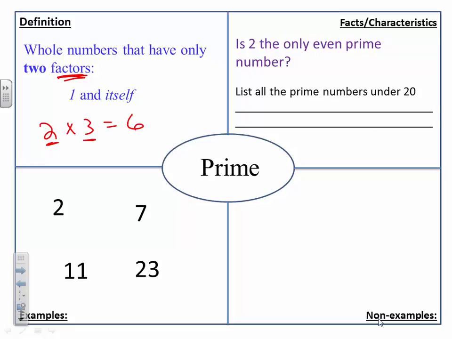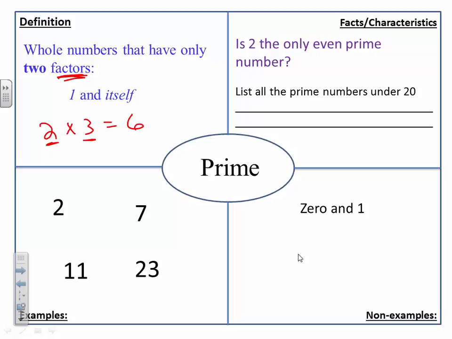A non-example, this one's very important this time. 0 and 1 are not prime. They are not prime. 0 and 1 kind of always have their own rules. Think of multiplication. 0 times anything is 0, right? 1 times anything is itself. So those are the only two numbers that do that.